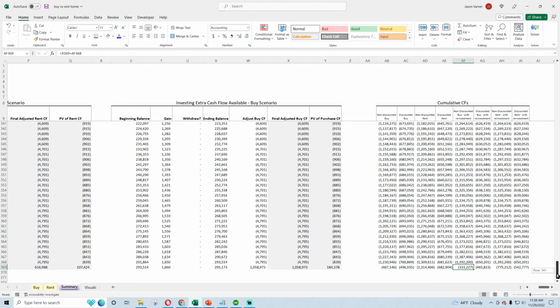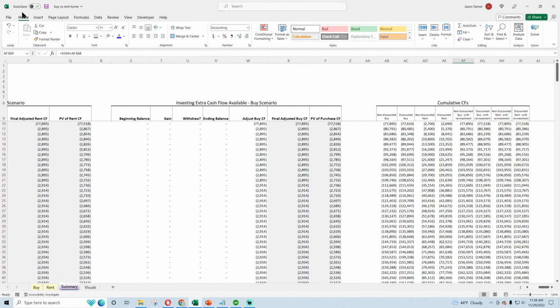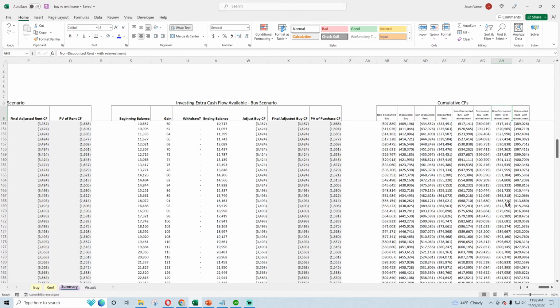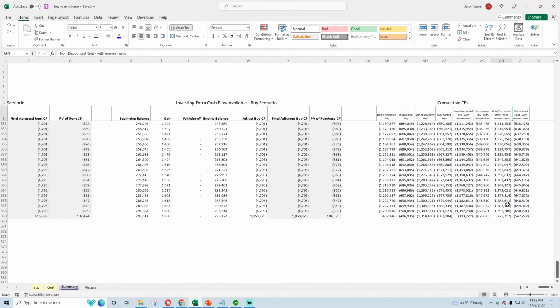Well, I guess it depends on the assumptions, but among all the buys, that one will always be the lowest, and among all the rent scenarios, the non-discounted rent with reinvestment will always be more or less. Oh, wait, maybe not. I guess it really depends on the growth rate of the investment and everything else.